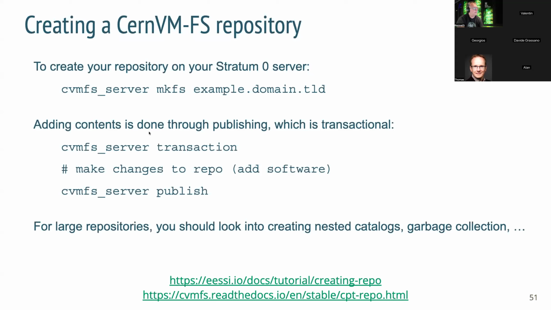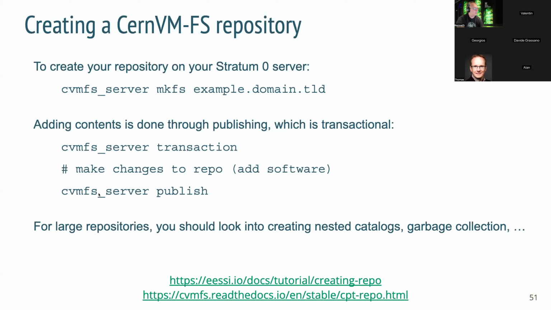Once the repository has been created, you can publish contents in it. But this is not done by just copying files somewhere. You actually have to start a transaction for doing that. So you run the CVM-FS server transaction command. After that is done, you have an active, open transaction. You can make any changes to the repository, either by manually installing software in there or by unpacking tarballs, where you have everything prepared already.